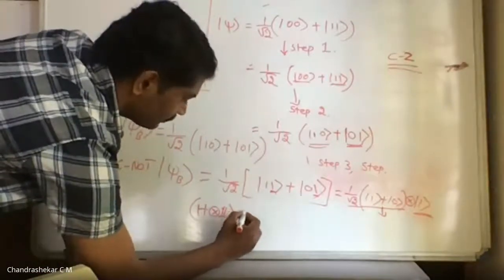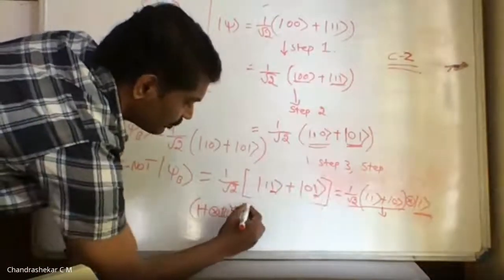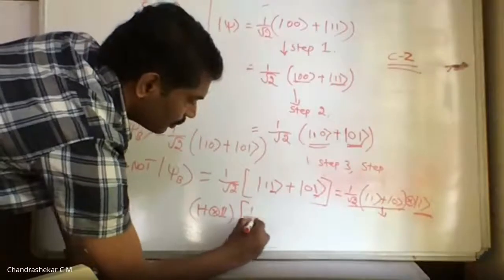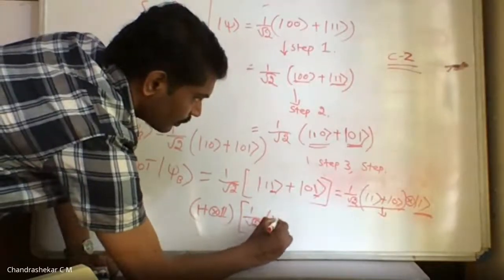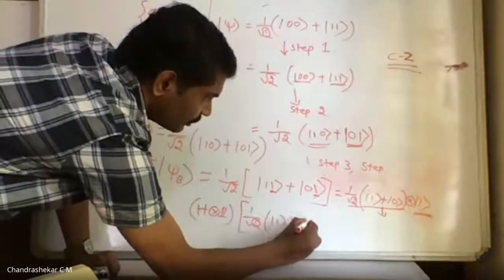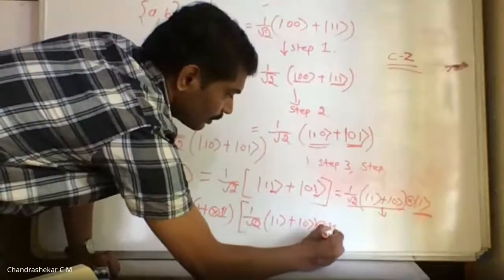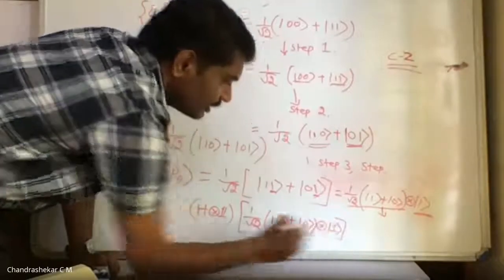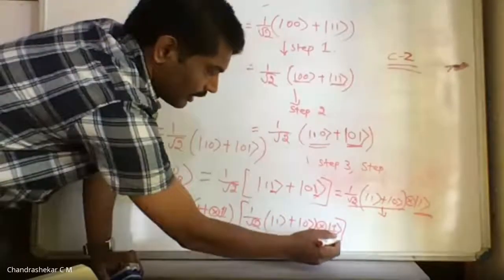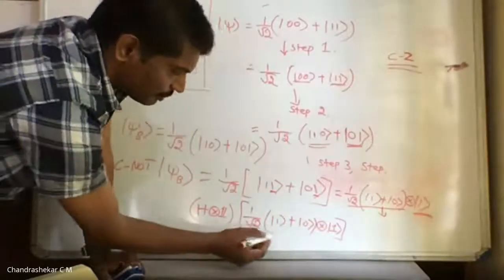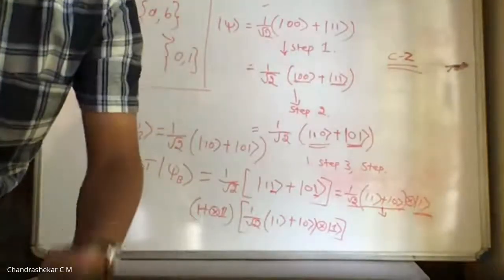And you have this output state, which will be 1 by root 2, 1 plus 0 into a tensor product of 1. So this is the state, and you are applying a Hadamard on the first. I'll use a different color and show here.